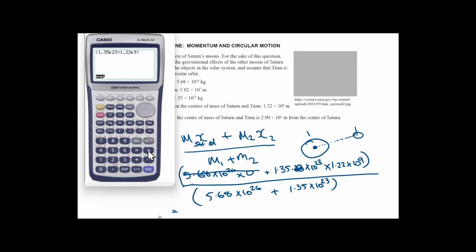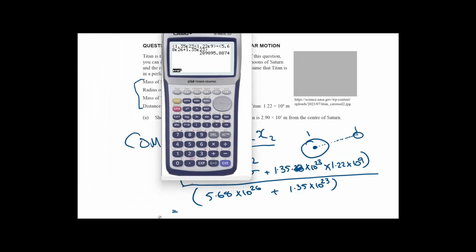That's upstairs. Divide that by downstairs now: 5.68 times 10 to the power of 26 plus 1.35 times 10 to the power of 23. Close that bracket, and we get this number here.